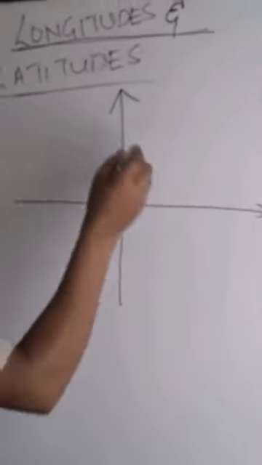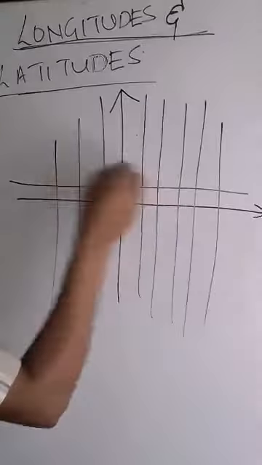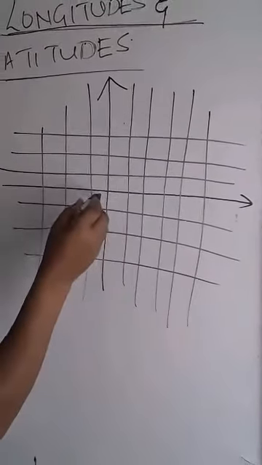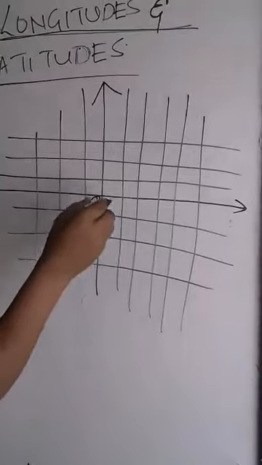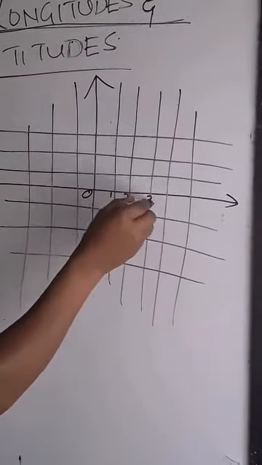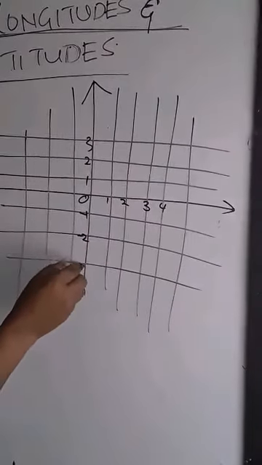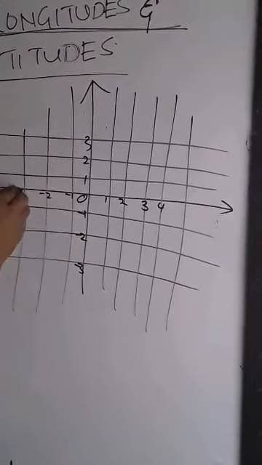If you may remember, from the Cartesian plane, we have the y-axis and the x-axis. Then we draw a grid just like that. Then we call this 0. So if I may label it as 1, 2, 3, 4, 1, 2, 3, -1, -2, -3, -1, -2, -3.